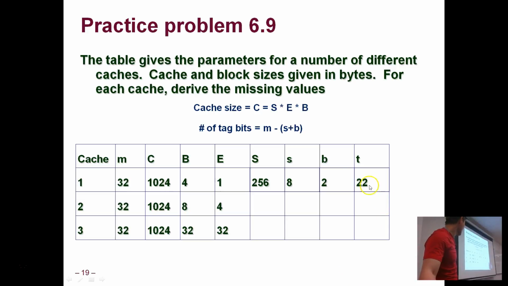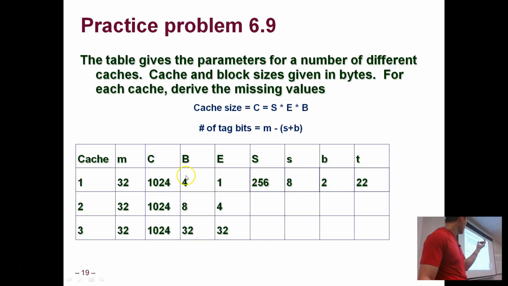All right, so if you have 256 sets, in order to index that number of sets, the number of bits you need is log base 2 of 256, which is 8. So you need 8 bits out of the address to say which set do I look for my data in.